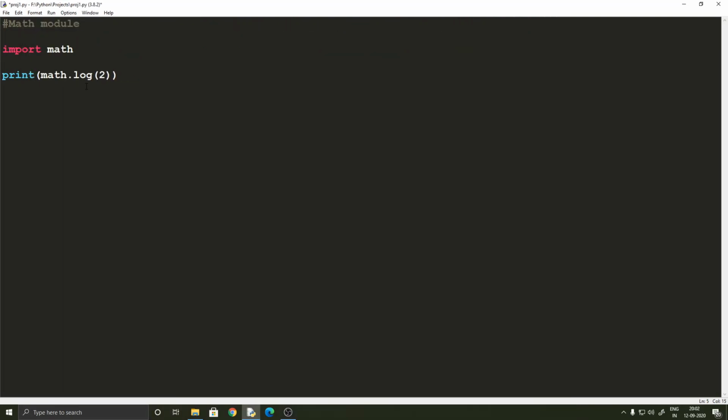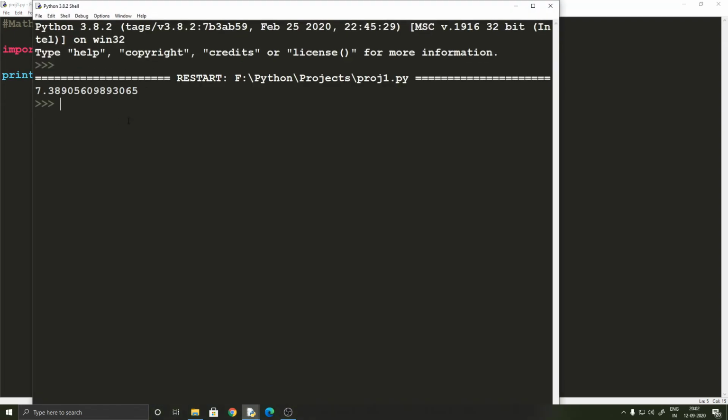There is also this math.exp function which returns the value of e raised to the number that we pass into it. So e is again the Euler's constant, and this function just returns the value of e power 2. So let's check it out. 7.38.